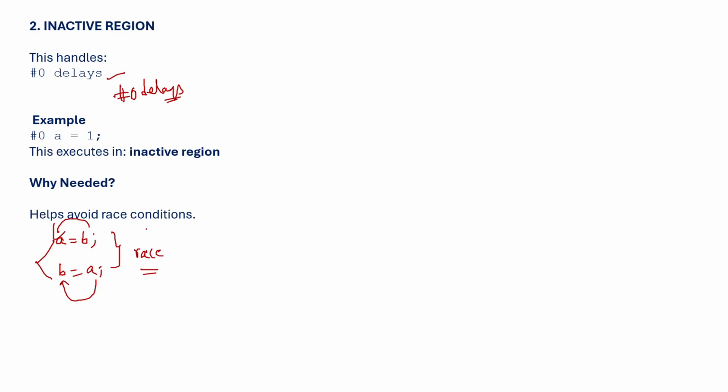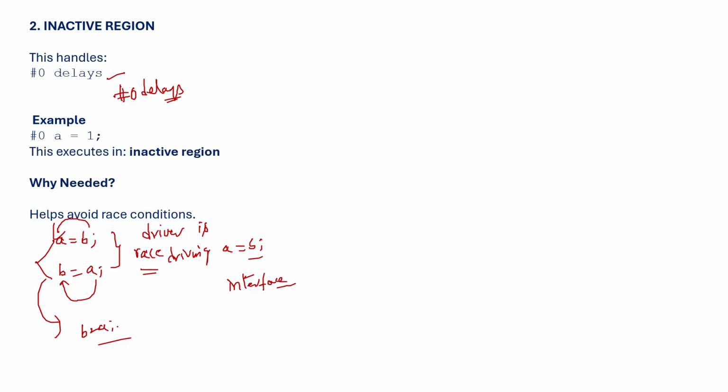My driver is driving. What is the variable it is driving? A equal to b, it is driving. No problem, the interface will take care of that. But immediately another person came, saying b equal to a is mine. He is saying that b is mine, and he is saying that a is mine.